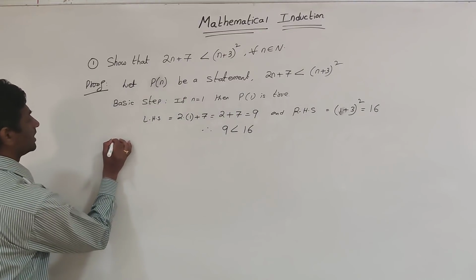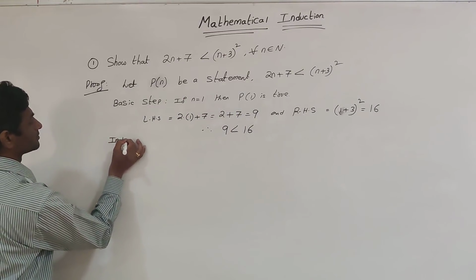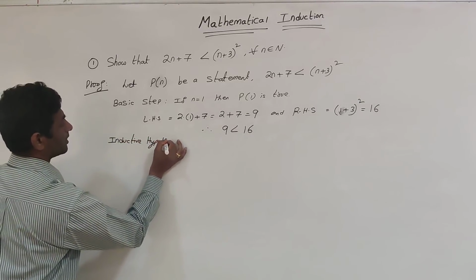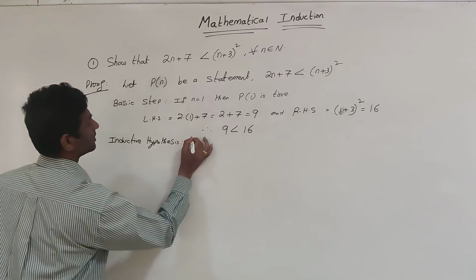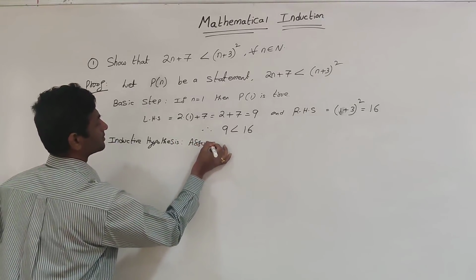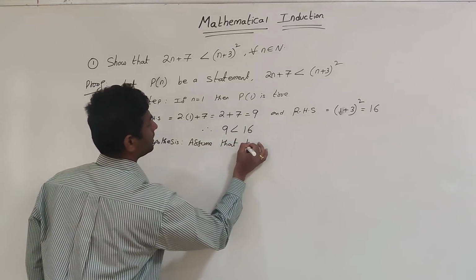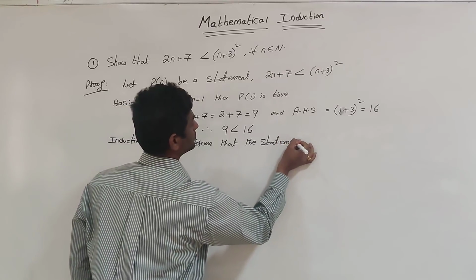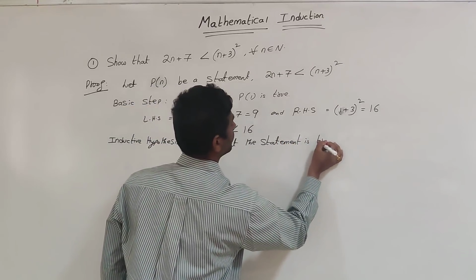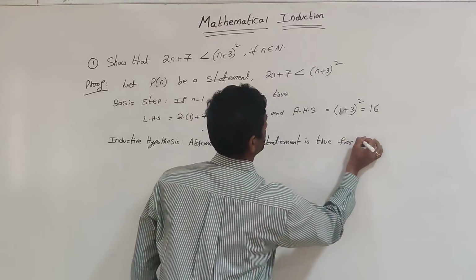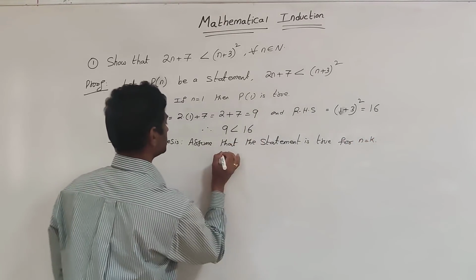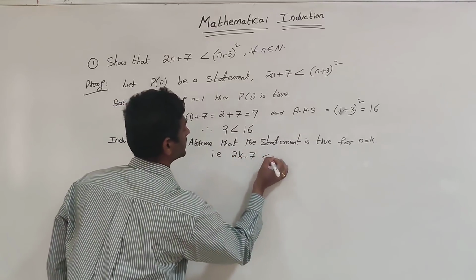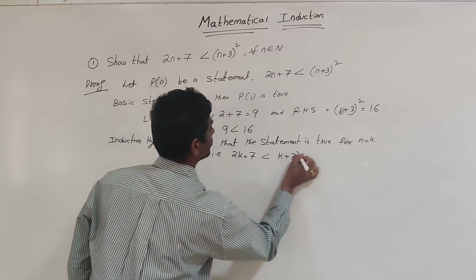Next, what is the inductive hypothesis? Assume that the statement is true for n is equal to k, that is 2k plus 7 is less than (k plus 3) whole square.